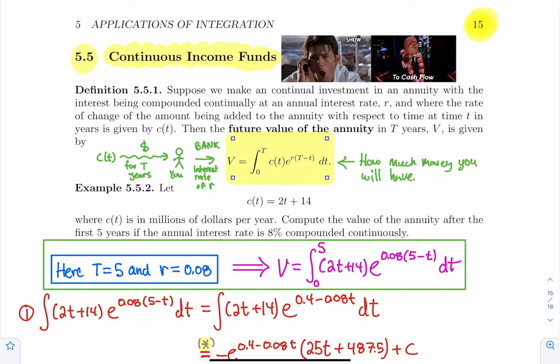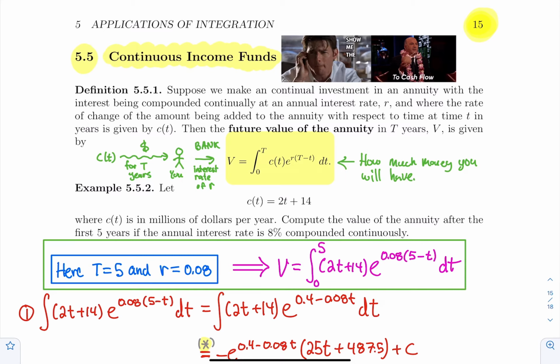So this future value that you're going to get is the definite integral from 0 to T of C(t) times e to the power of r(T minus t) dt. In these questions, big T is always given. It's a fixed number.